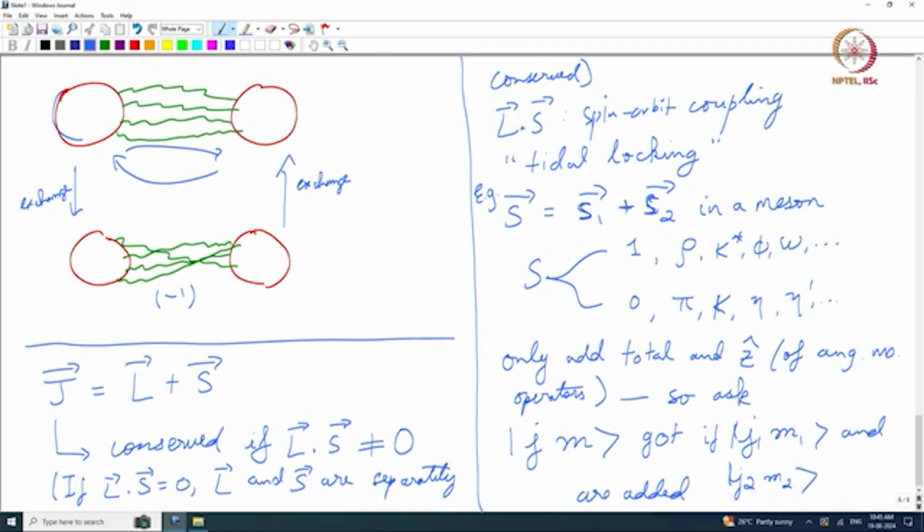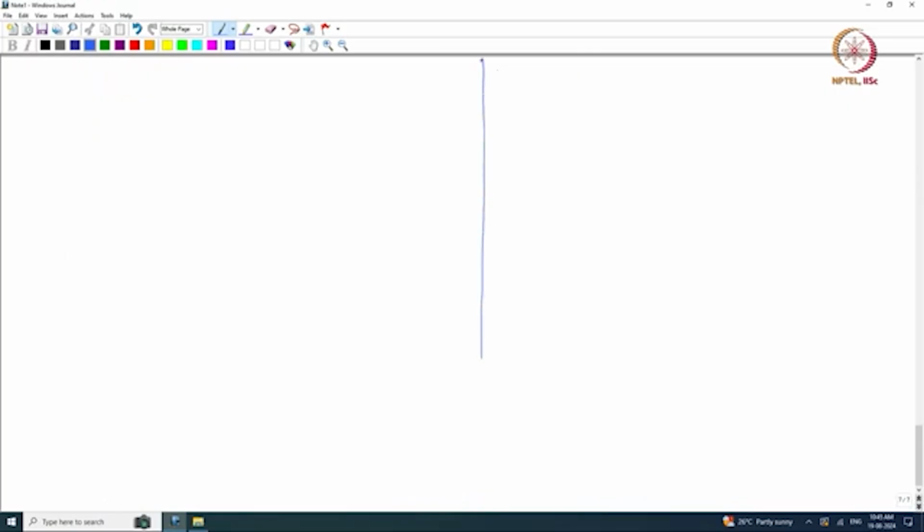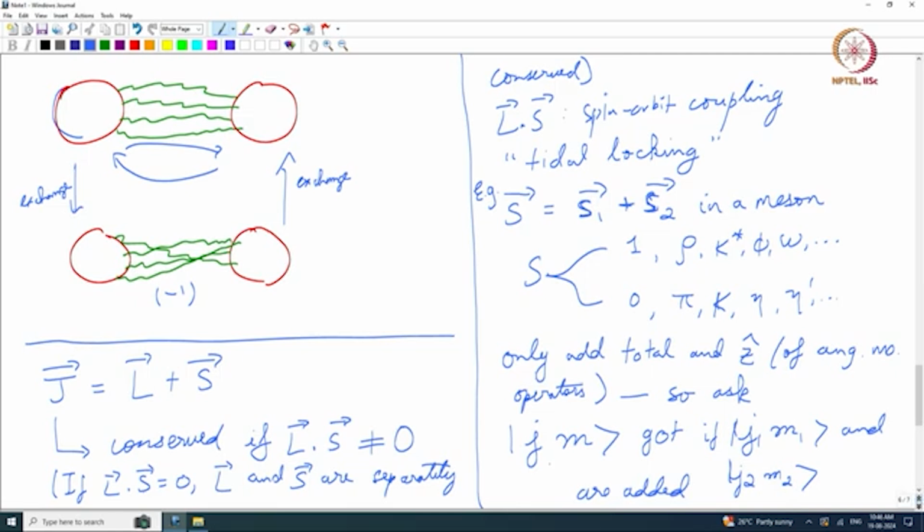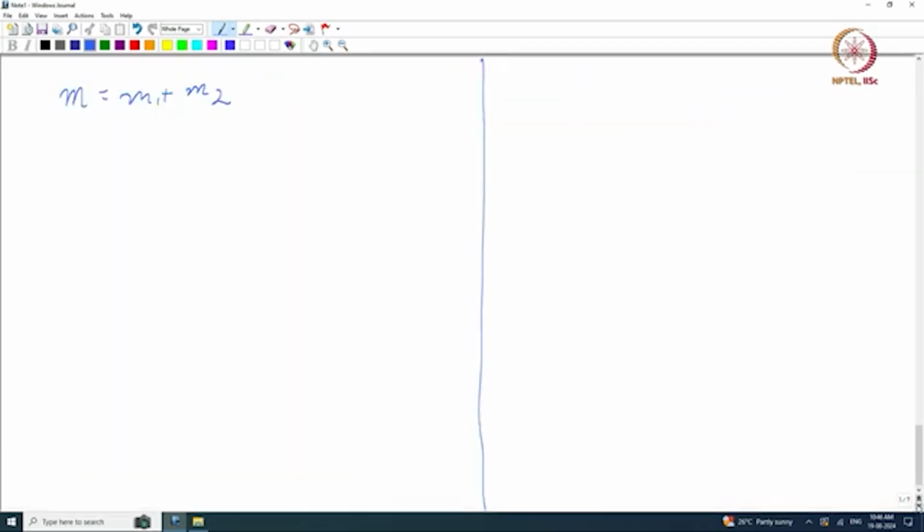Right. So, one of these is actually easily fixed, right. One of them is simply that M is just M1 plus M2, since the z components just add up, correct. So, when we write a state in this way, we are talking about the two measurables here, total angular momentum and the z component, right, and the z components just add up. But J is not always J1 plus J2, right.